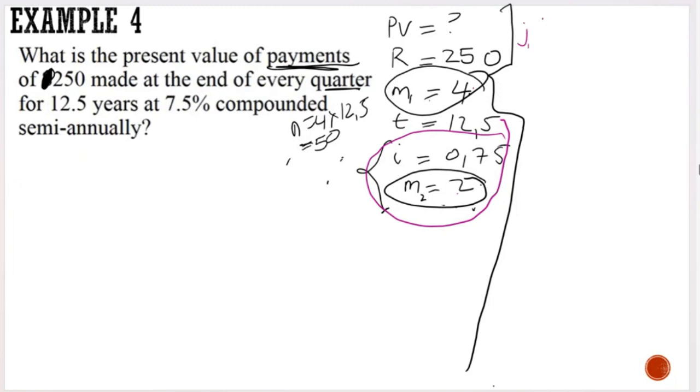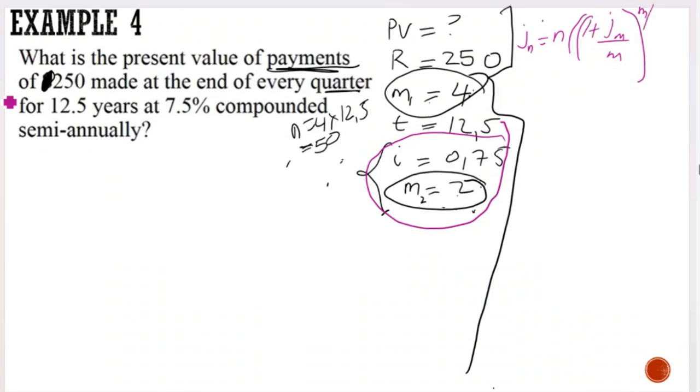This is a formula for converting between nominal interest rates: Jn is equal to (1 plus Jm divided by m) to the power m divided by n, minus 1.